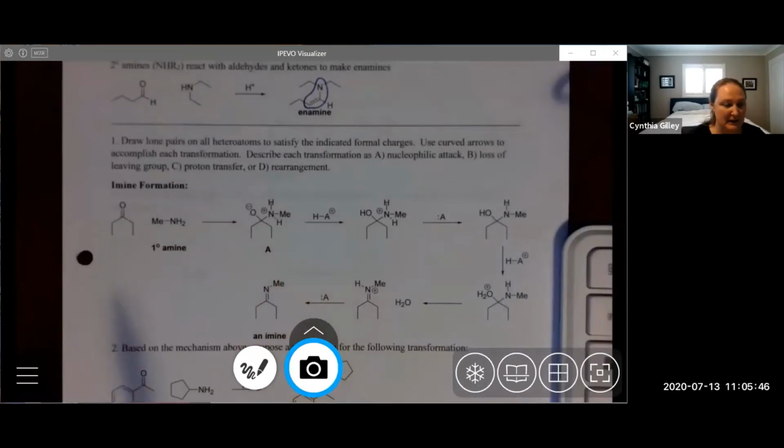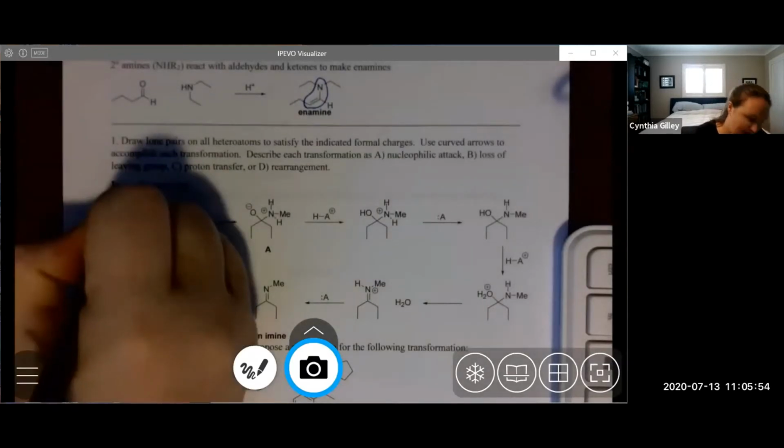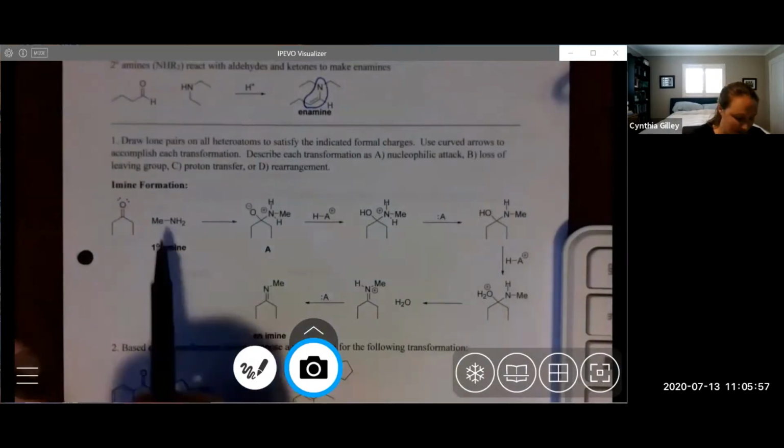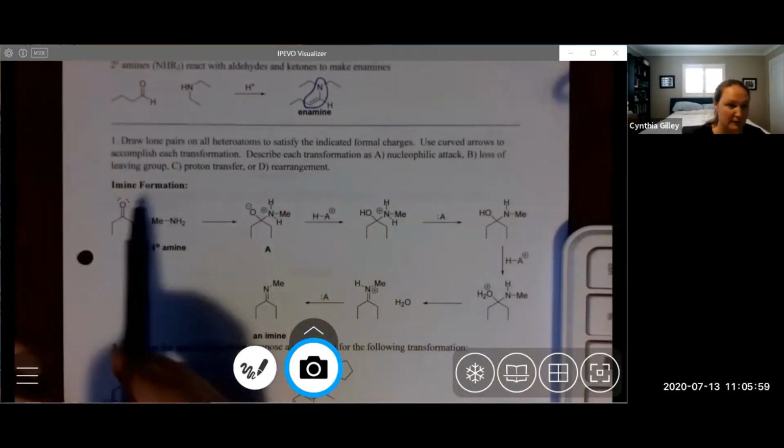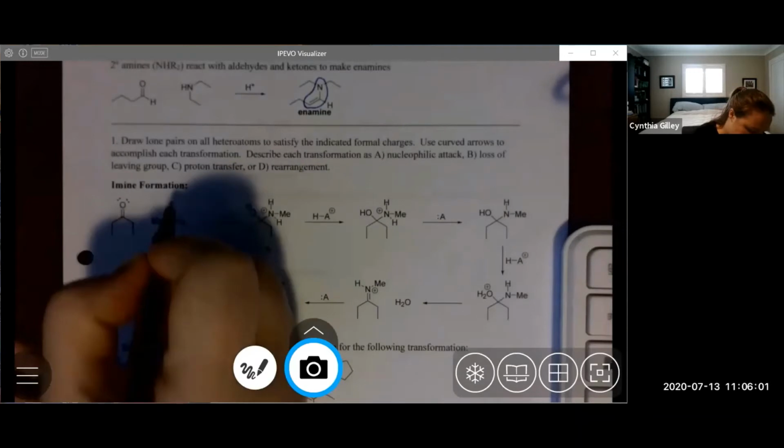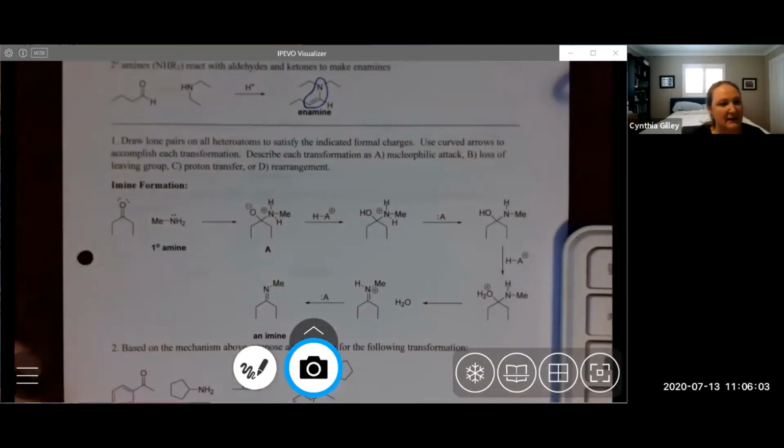That's based on a pKa analysis that hopefully Dr. Wynn went over in his skill. Either way, if we had an alcohol and acid, we would protonate the carbonyl first. Because we have an amine and acid, you're not going to protonate the carbonyl first, because pKa analysis basically shows us that that is very unlikely to occur.